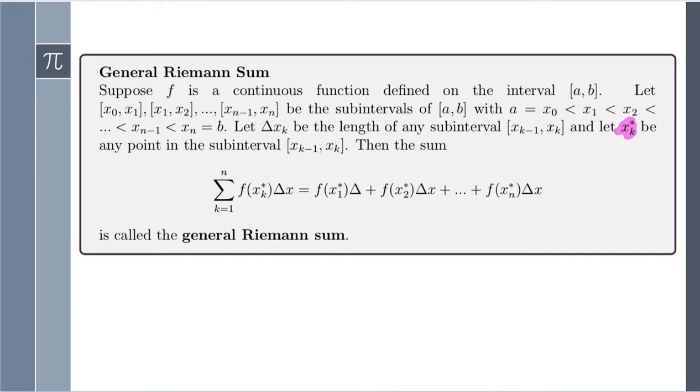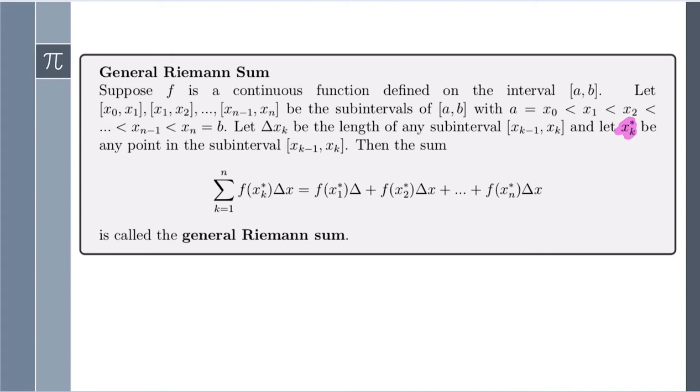Now, when we say general Riemann sum, we can take any point on that interval to determine the height of the rectangle. So it doesn't have to be left, right, or midpoint. It can be any point on that subinterval. So when we construct rectangles in that way and take any point on that interval to determine the height of the rectangle, that Riemann sum becomes the general Riemann sum.